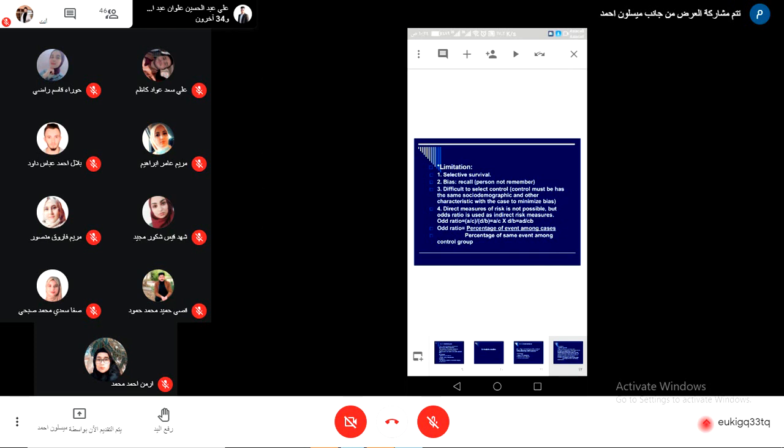Direct measure of risk is not possible, but the odds ratio is used as an indirect risk measure. As for the odds ratio, ignore it, because I did not make the 2x2 table for you, so you will not understand it. For us, memorize the odds ratio as the percentage of events among cases over the percentage of the same event among the control group.